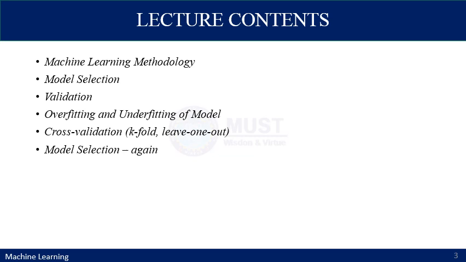There are two common problems that occur while you generalize your model after training and testing on the validation or testing set: overfitting and underfitting of the model. It is a broad discussion, but in this lecture I will provide you certain guidelines to overcome overfitting and underfitting.